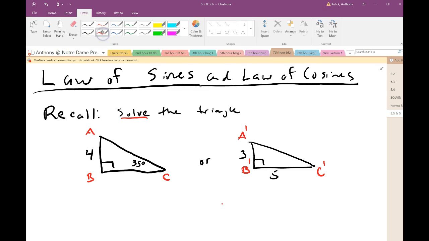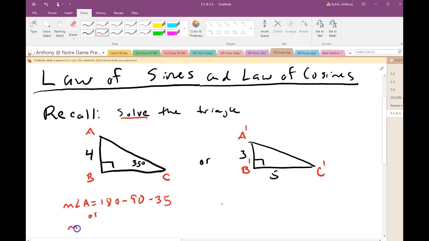So if I want to find this angle A in this situation, how can I do that? Good. Yeah, you can use the triangle sum theorem from geometry that says the total degrees in a triangle is 180 degrees. So I can say the measure of angle A is 180 minus 90 minus 35.